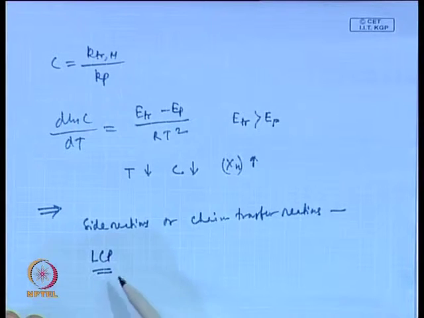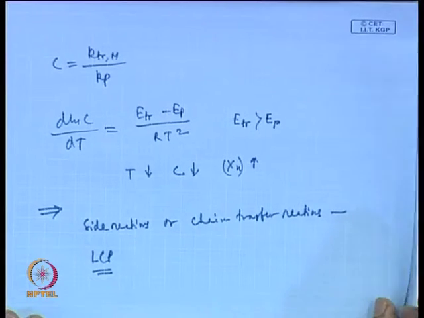Now, we are not going into details about living cationic polymerization in this course, but though it is very difficult in the case of cationic polymerization, if in a very careful manner you can do reactions where you minimize the chain transfer reaction and the side reactions, then there is a possibility that you can get a living chain polymerization.